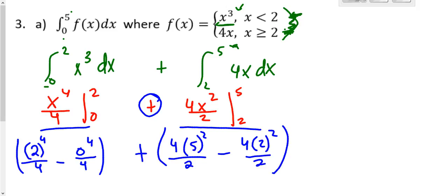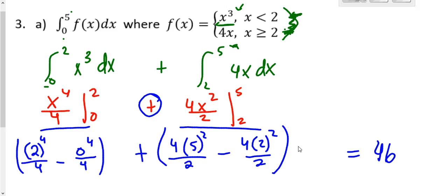Now, if you really have a deep down desire to do all this in math and get an answer, that's fine. But on the quiz, this will be sufficient. This will be a fine answer. Okay? So leave here, you'll get full credit. If you really want to know what the answer is, you should get 46.